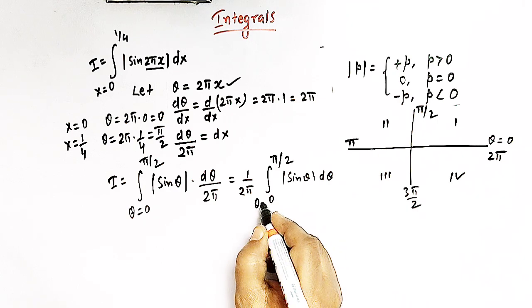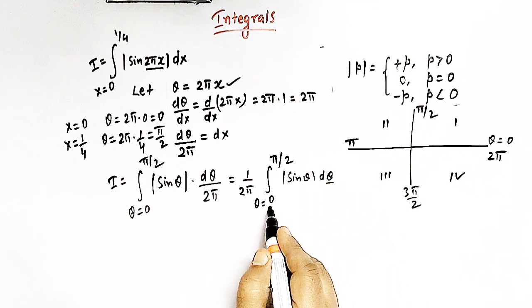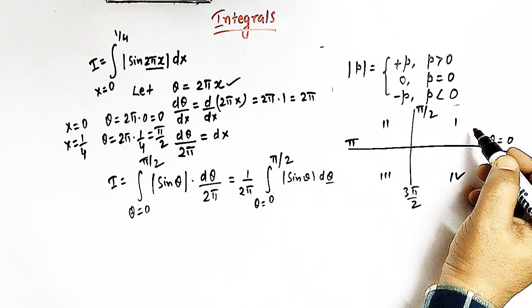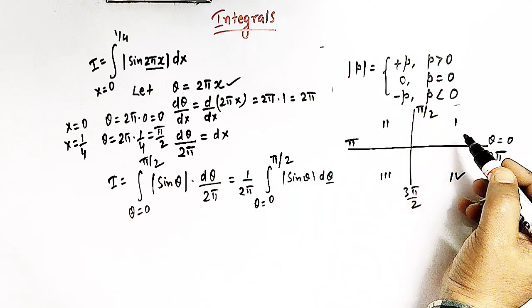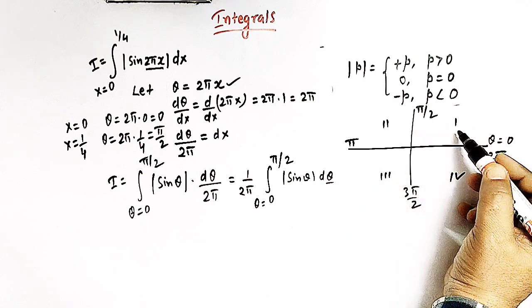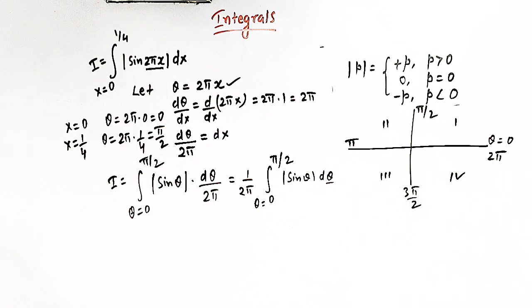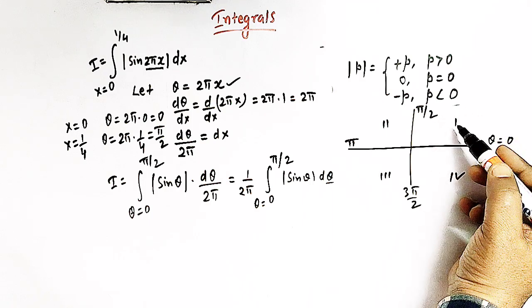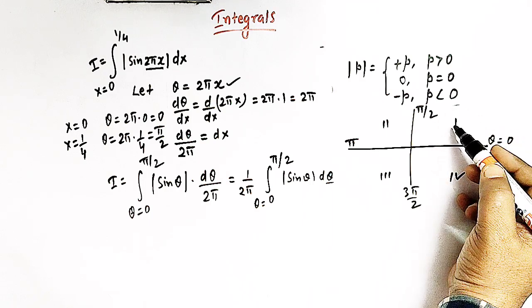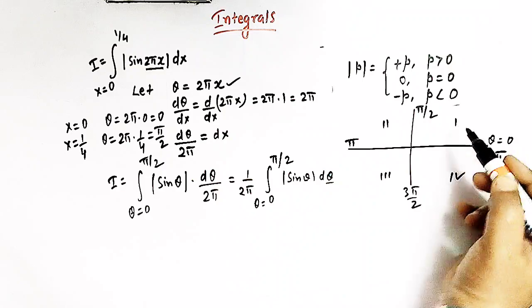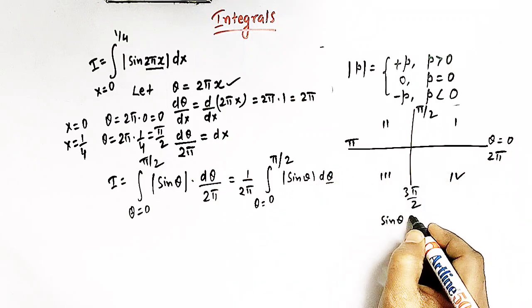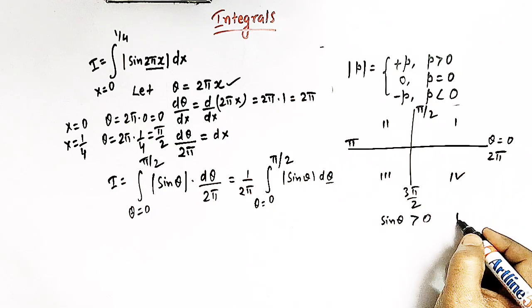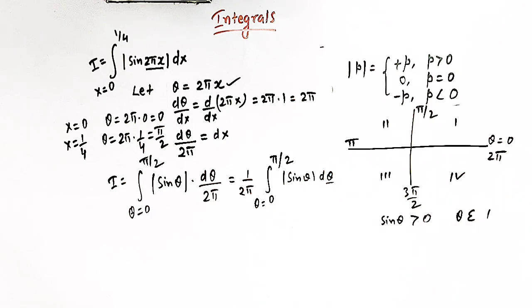Now the value of theta goes from 0 to pi by 2, so we have to restrict ourselves to the first quadrant only. From trigonometry we know that all six trigonometric functions are positive in the first quadrant. So sine theta is greater than 0 when theta belongs to the first quadrant.